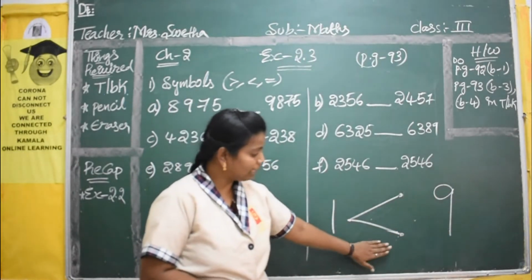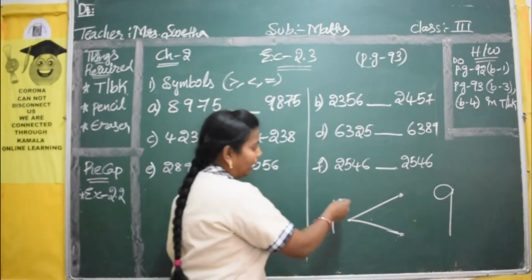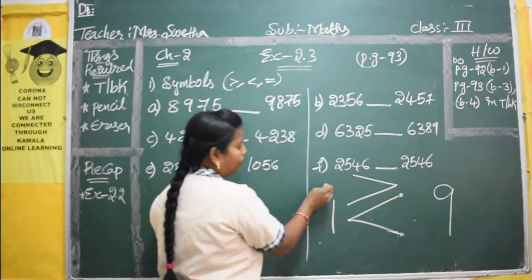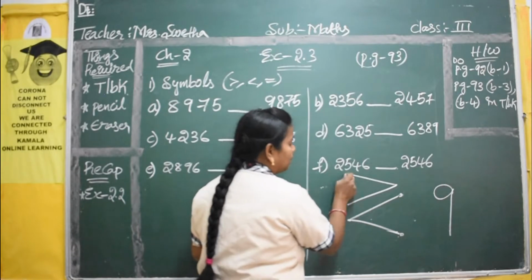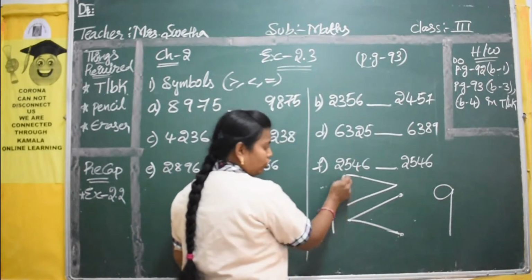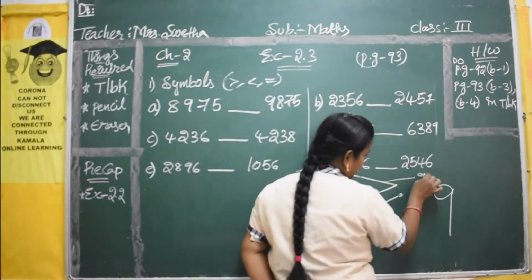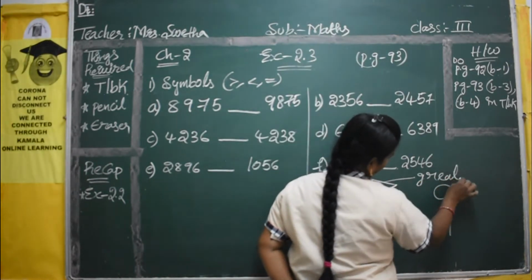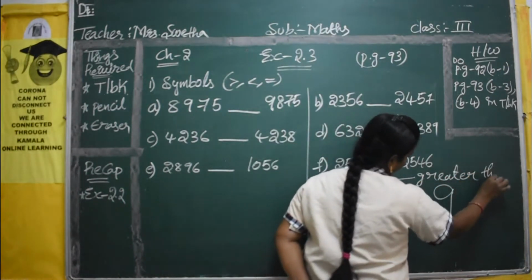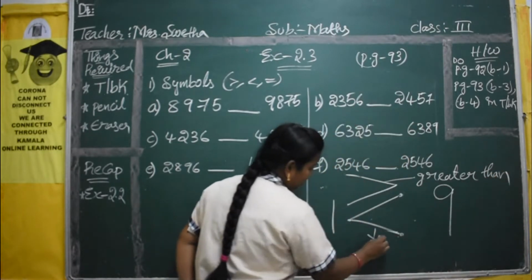So this is called the less than symbol. And if the first number is the big number, then this symbol is turned to this side, and we call this symbol the greater than symbol. So this is the greater than symbol and this is the less than symbol.